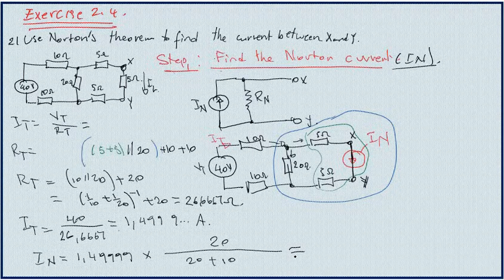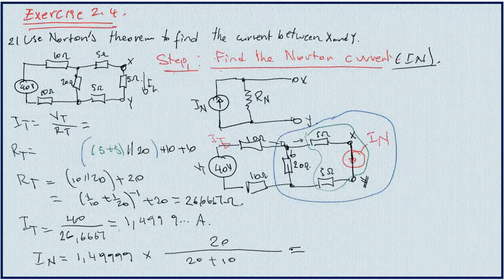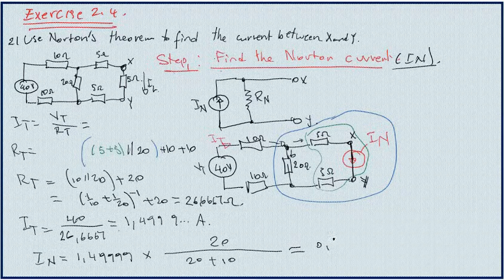So what's going to be the Norton current if I calculate? I have the supply current multiplied by 20 and then divided by 20 plus 10. So I get 0.999999875 amp.